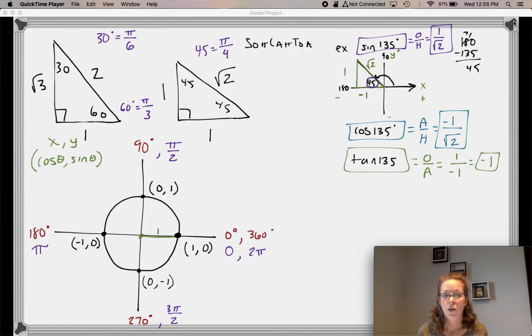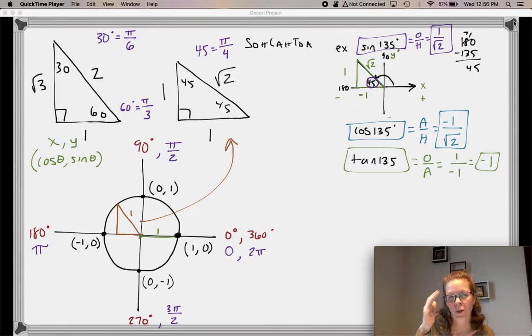Now, some teachers teach this all according to the unit circle. So looking back down at that circle, if I added in a line at the 135-degree mark here, well, this side is 1. And so then if I make that triangle, I could relate it to that pattern of the 45, 45, 90, but the hypotenuse is 1.